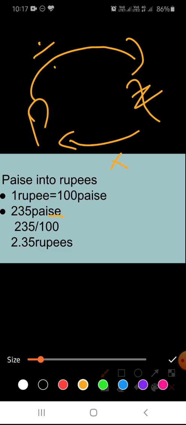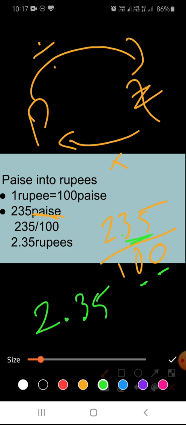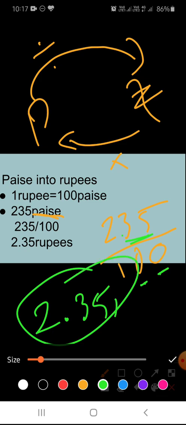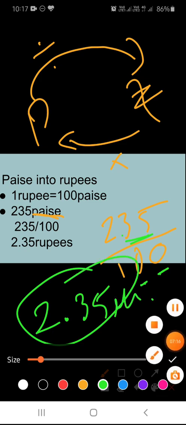So in this one we have to convert paisa into rupees, which means we will do division. So 235 divided by 100. How many zeros are there in the denominator? 1 and 2. So we will put the decimal 2 places in front. 2.35 is the answer. 2.35 rupees will be the answer for this question.